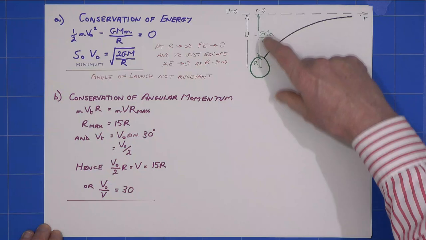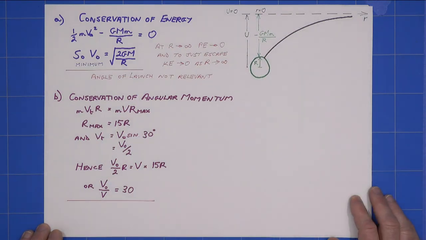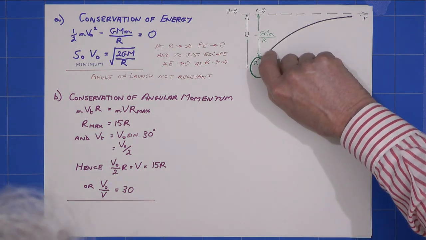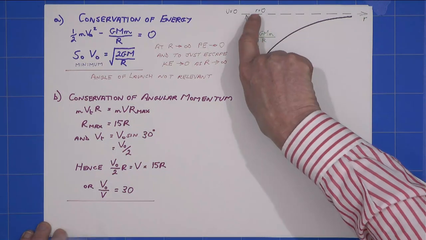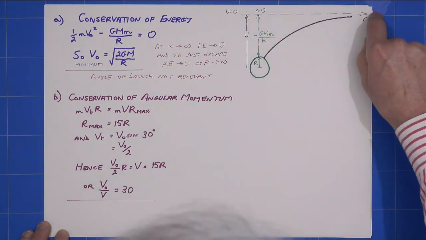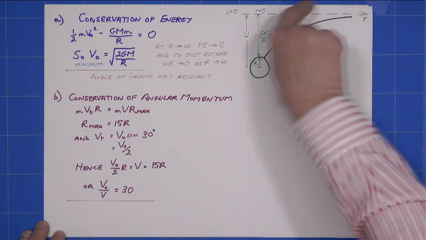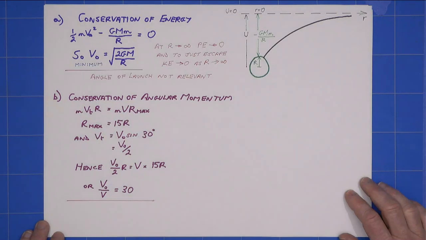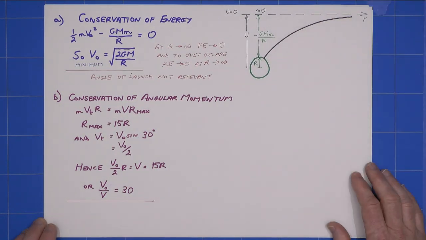the potential energy of the mass is going to be minus GMm over r, and we need to just escape orbit. We need to travel up this potential well, as it were, and reach a zero potential energy condition out at infinity. So we need to add kinetic energy to get there.